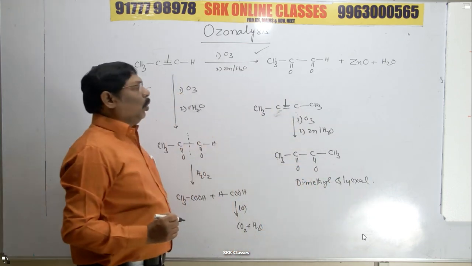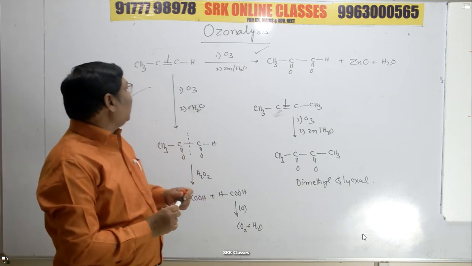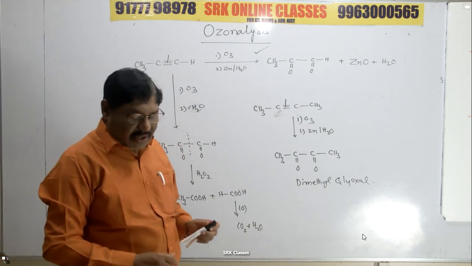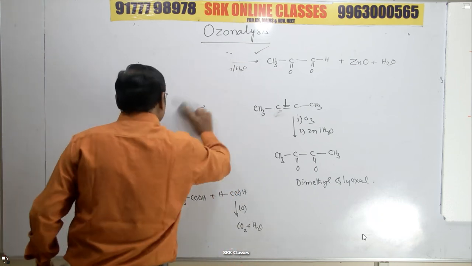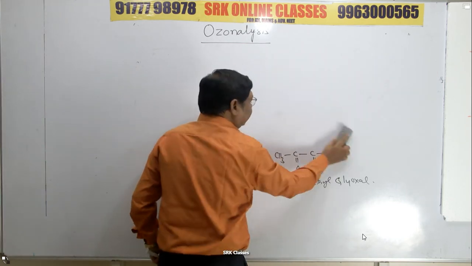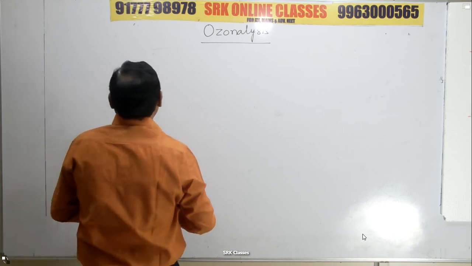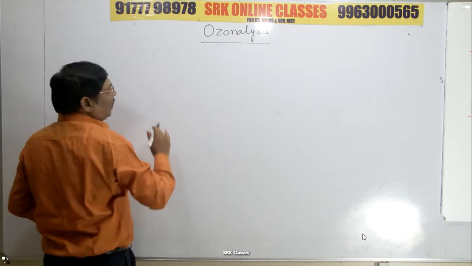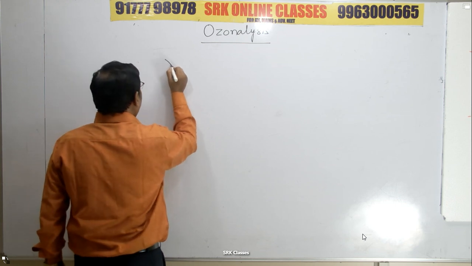I'll write one or two questions which are repeatedly asked. It's the last question, about alkyne ozonolysis. Retro-ozonolysis means that the product is given and you have to identify the starting compound.